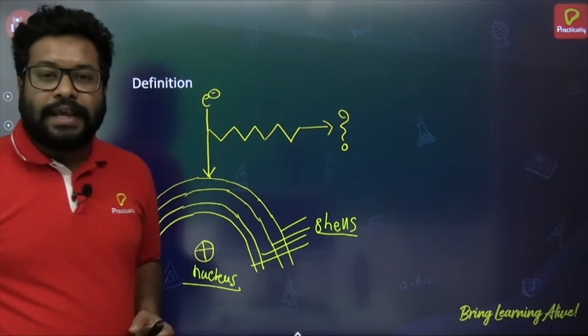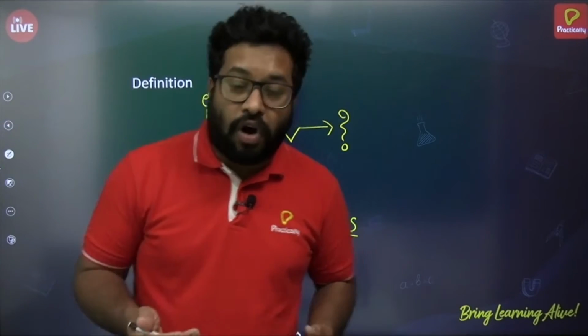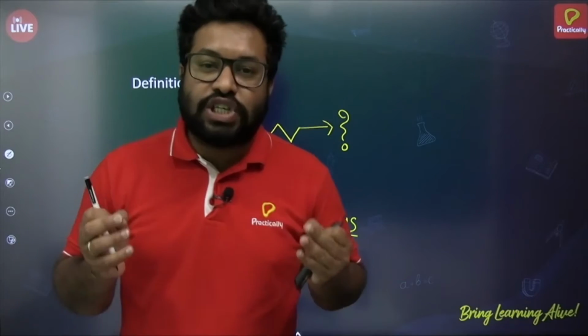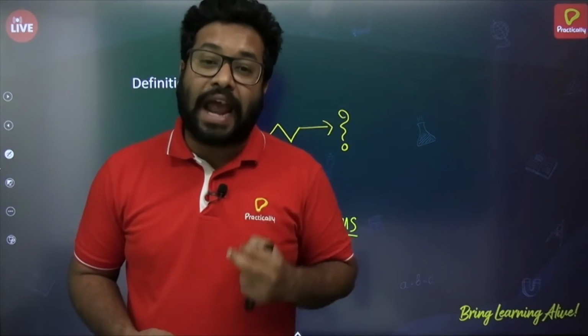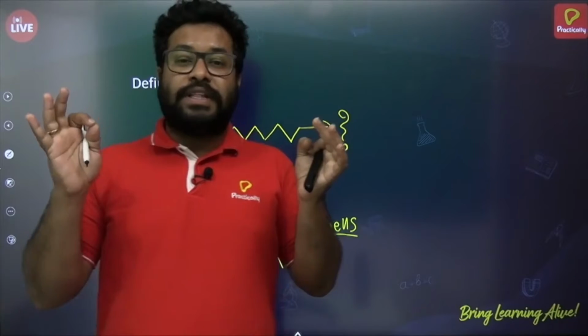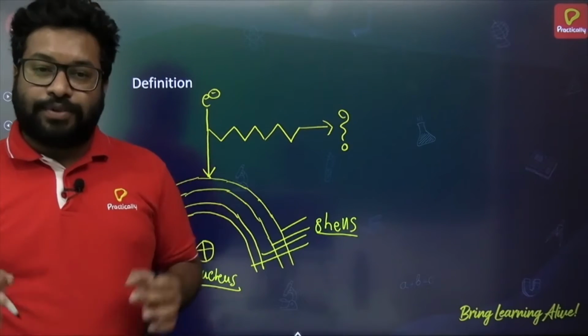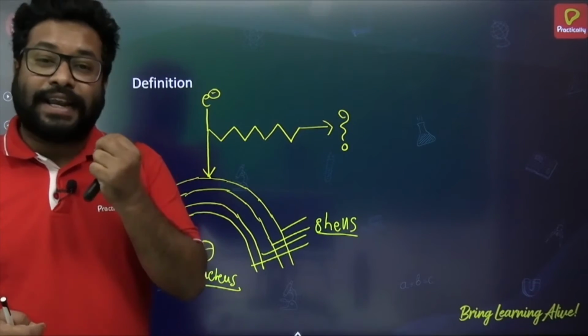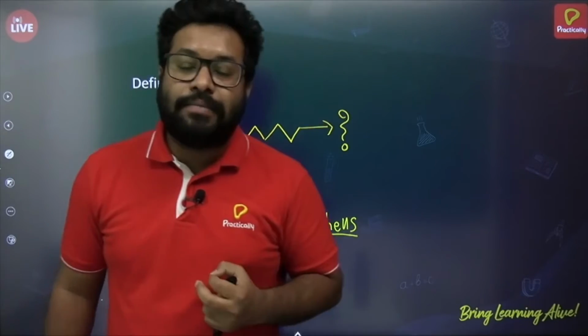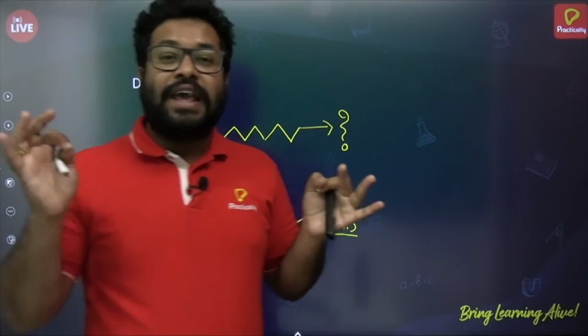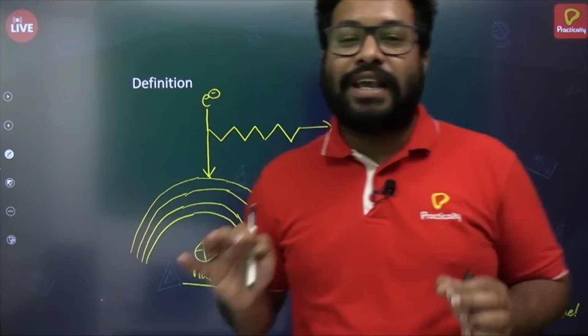So basically the amount of energy evolved or absorbed when electron is getting added into species, in bracket, atom, molecule or ion, is called as electron gain enthalpy.